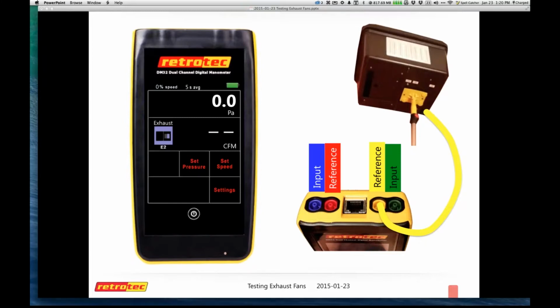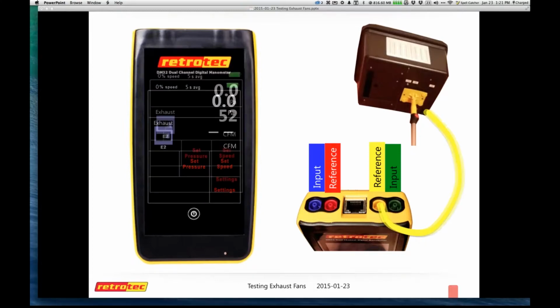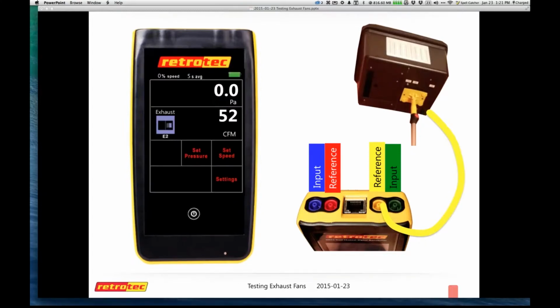If I want to read the pressure at the same time to know that I still am in compliance, I can add a blue tube, which doesn't really line up very well, to the input, and now I can see on channel A the actual pressure. If I were to set channel B to read pressure, these would be reading the identical pressure. Channel B is just converting 6.2 pascals with this device into 52 CFM.